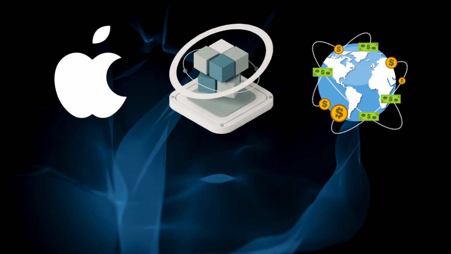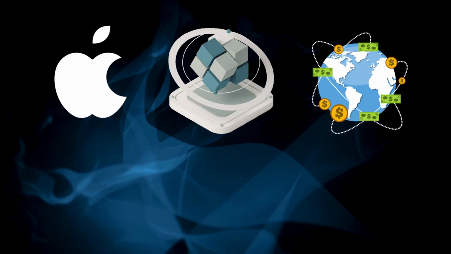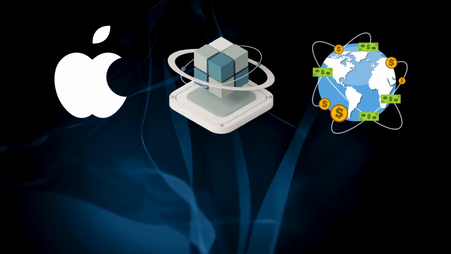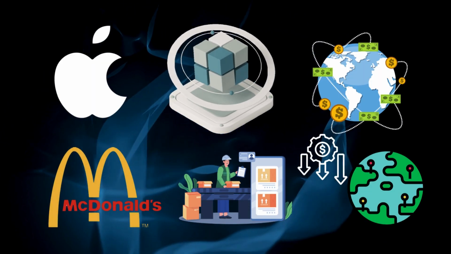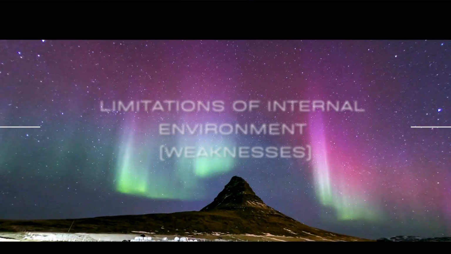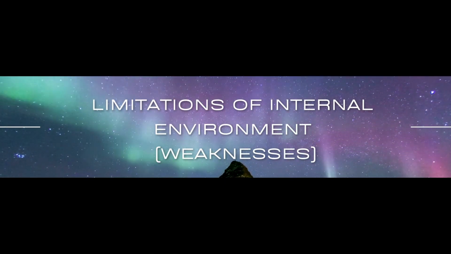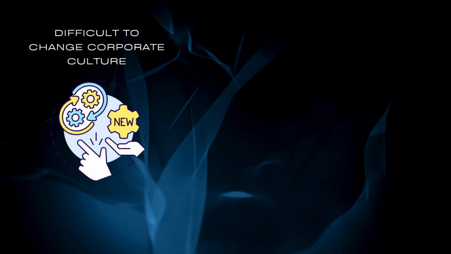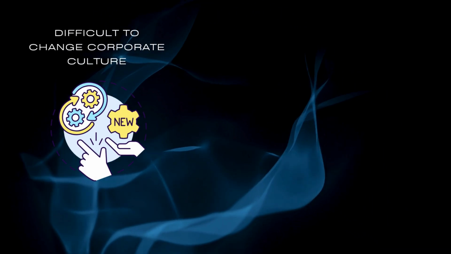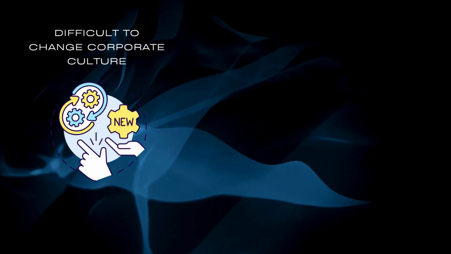For example, Apple uses its technological expertise and strong brand to dominate the market, and McDonald's optimizes its supply chain to reduce costs and expand globally. The last is limitation of internal environment, weaknesses. First, difficult to change corporate culture, as a long-standing culture can resist innovation.